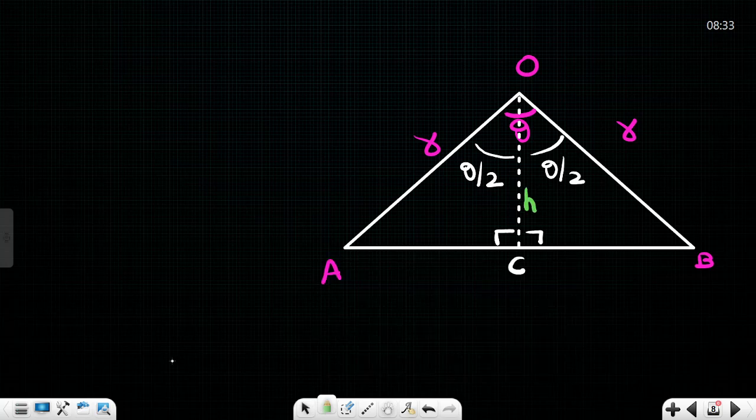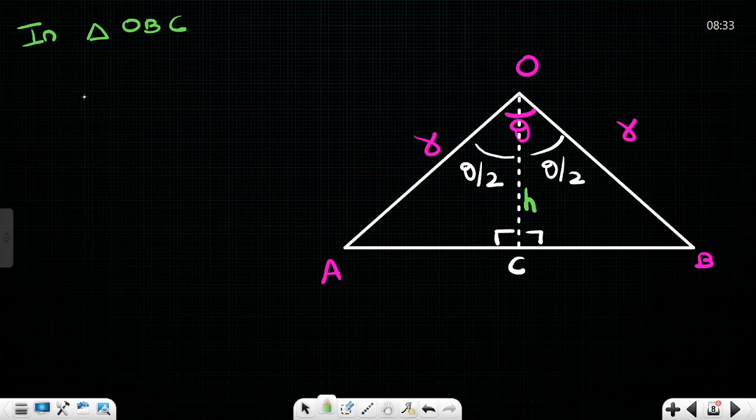triangle. Fine. Now a little bit of trigonometry, you know it, right? I'm going to use that. In triangle OBC, OB is the hypotenuse, angle C is 90 degrees.